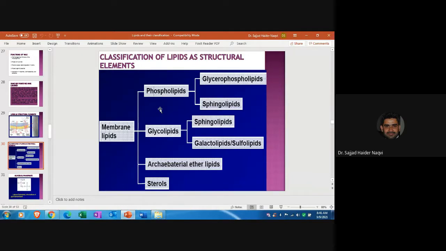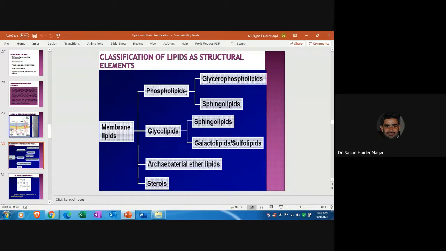Similarly, glycolipids have a carbohydrate moiety attached with a lipid, and there are certain archaebacterial lipids which are definitely with reference to the microorganisms, the type of lipids present in the membranes and the cell walls, etc. And then we have a specific type of lipid, what we call the sterols, which are also a very important and integral part of the membrane lipids. And when we talk about the sterol, the most common animal sterol that is present in the membrane is cholesterol.